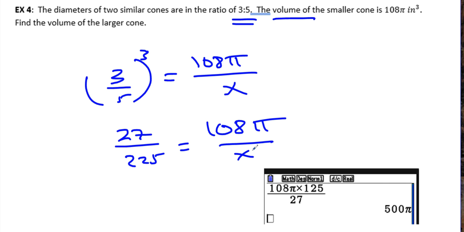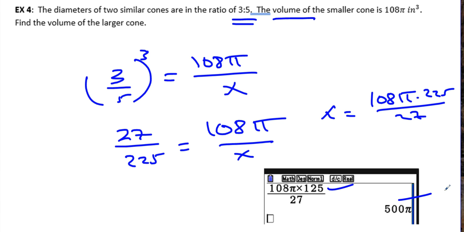Got that over x. Cross multiply and then divide. I'm going to have x is equal to 108 pi times 125 over 27. I did put this one in the calculator and I got 500 pi, which is 1570.8.